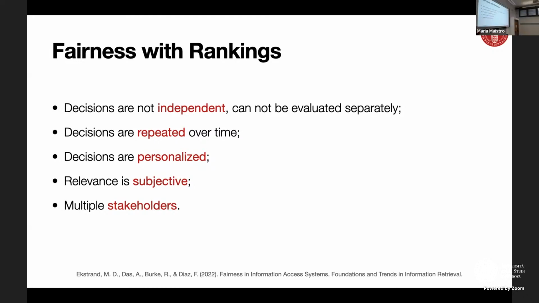Decisions are repeated over time. Usually you do a search multiple times per day. They personalize, because nowadays the systems learn from your past interactions. Relevance is very subjective, as I was saying at the beginning; it's very hard to know when a document is relevant or not.